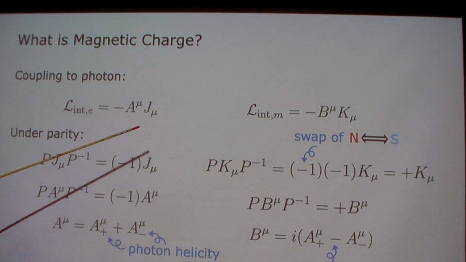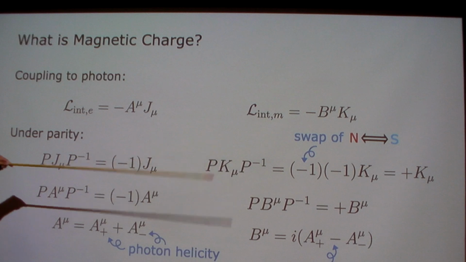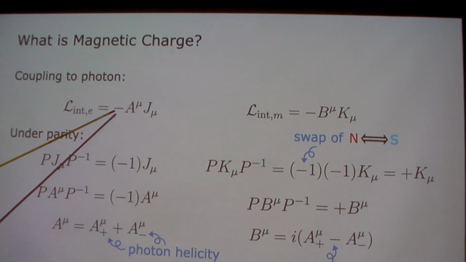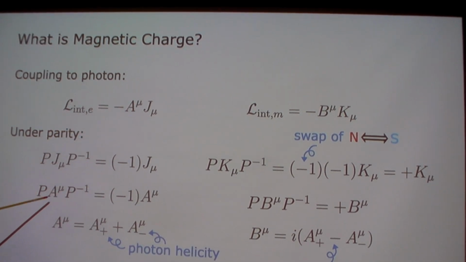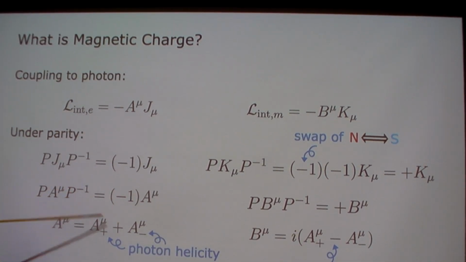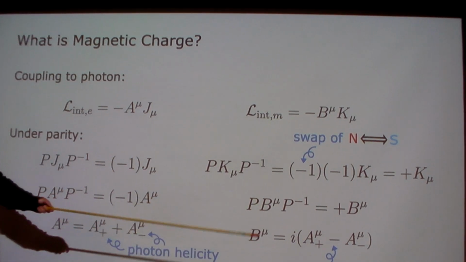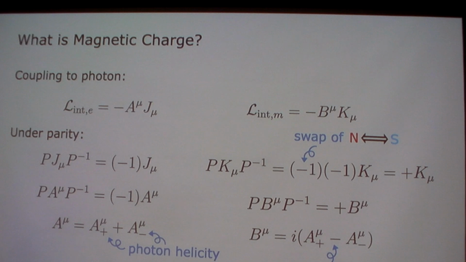So if both interaction Lagrangians need to preserve parity, then it means that this A potential should have a minus sign under parity, while this B potential should not have a minus sign, or it should have a positive sign under parity.